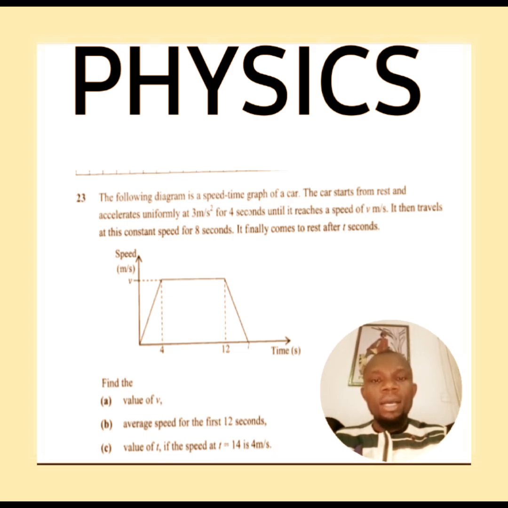The car continues at a constant speed for 8 seconds, so 4 plus 8 is 12. The total time covered in that second stage is 12 seconds. And the car finally comes to rest. That is what we call retardation or deceleration, at time t. That is what the diagram is all about.